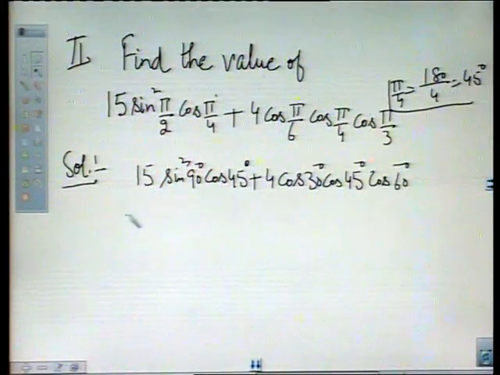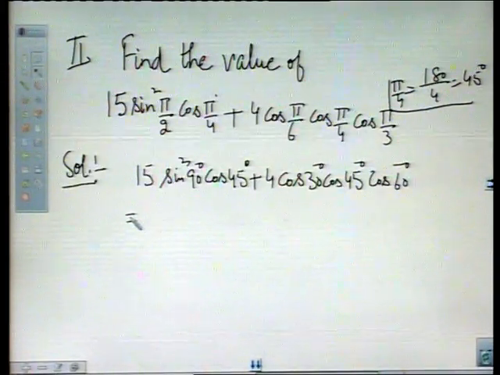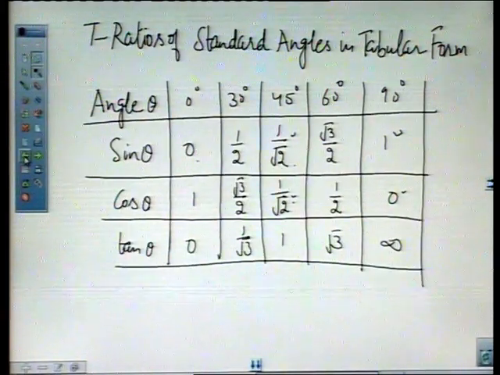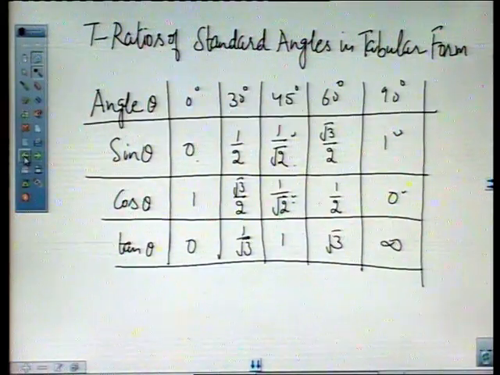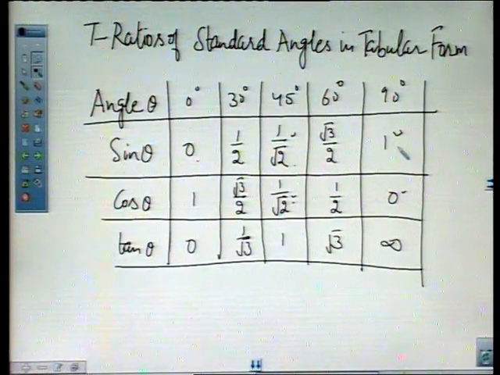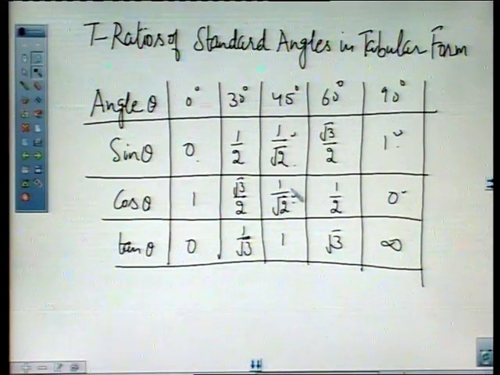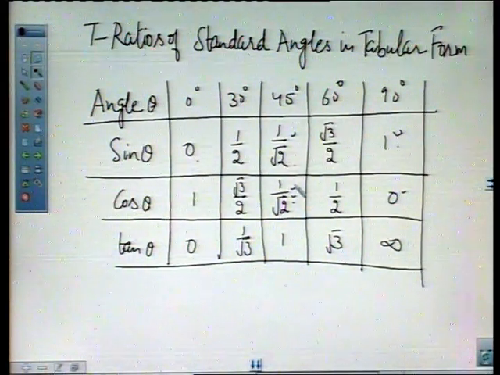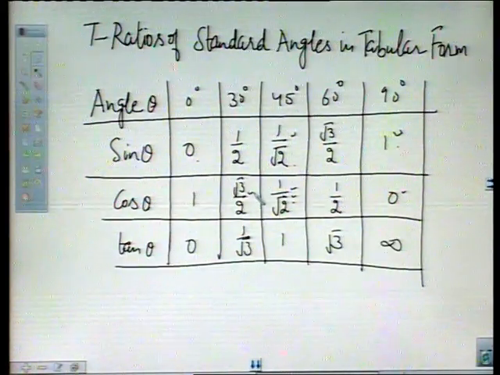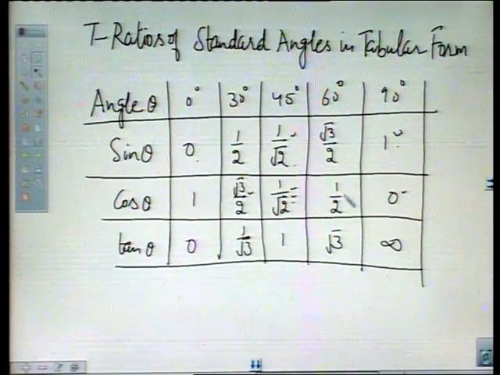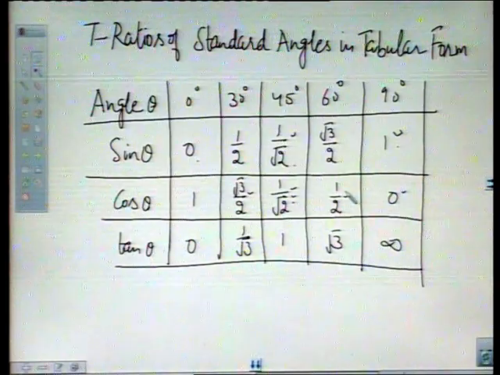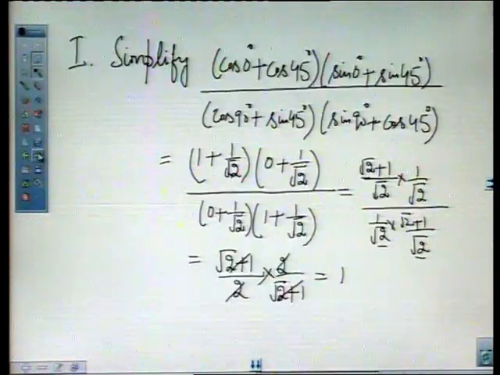Now, we come back to the table. We have to put the value of sine 90. Value of sine 90 is 1, cos 45 is 1 by under root 2, cos 30 is under root 3 by 2, and cos 60 again is 1 by 2. We substitute all these values here.